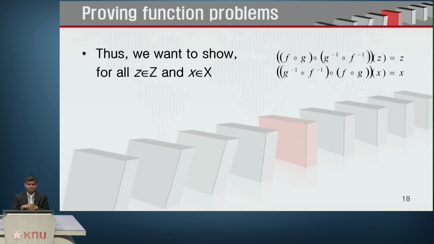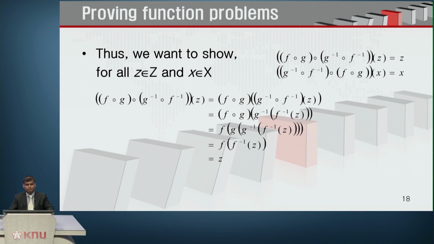So let's say we have z an element of Z and x an element of X, and f composition g, composition of g inverse composition f inverse of z equals z, and g inverse composition f inverse, the whole composition with f composition g of x equals x.